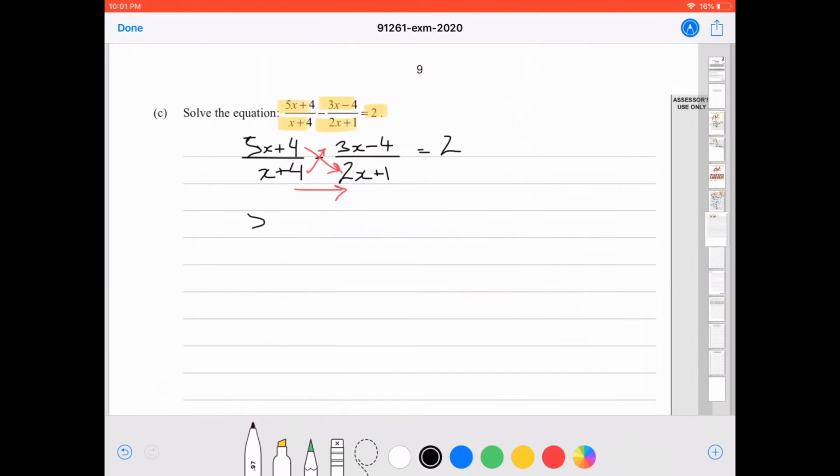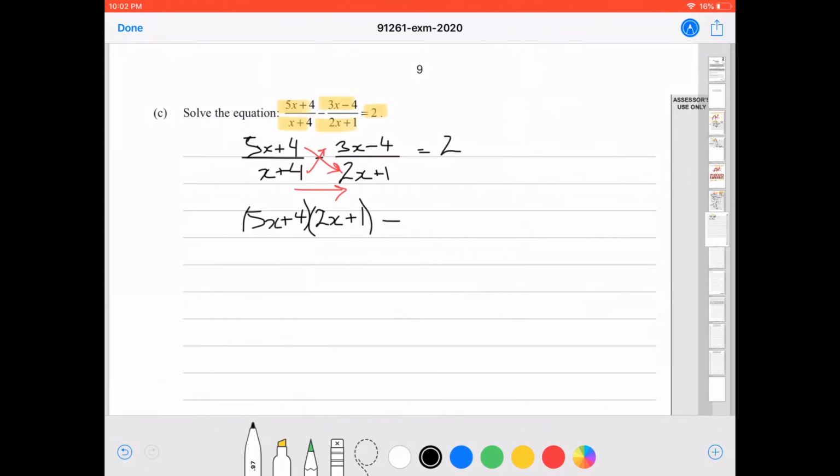We've got (5x + 4) and (2x + 1), and we will combine into a single fraction straight away. There's no need to have two different fractions.